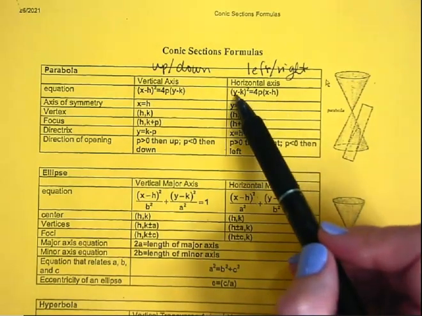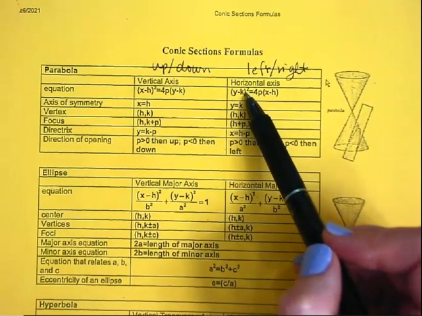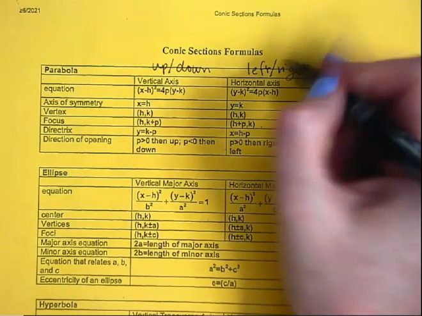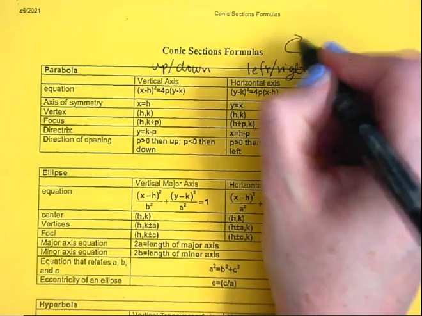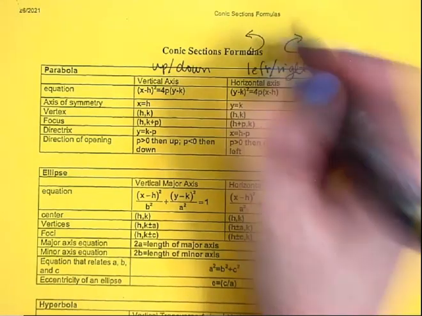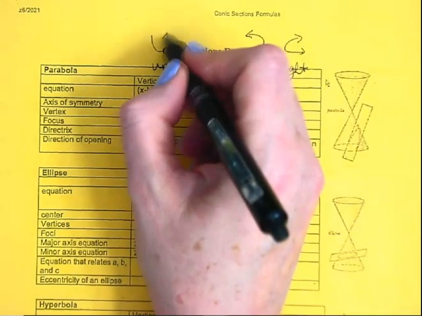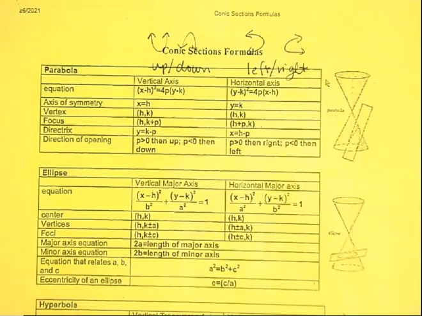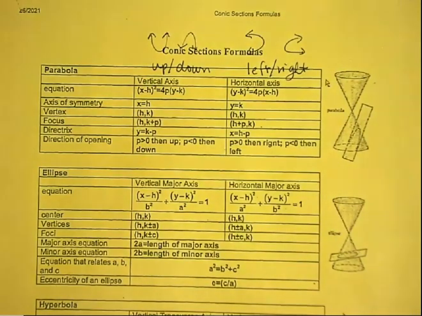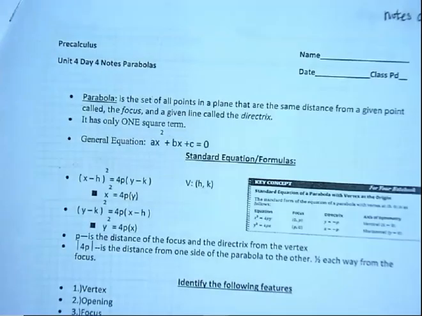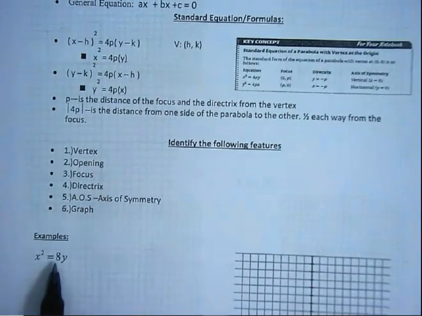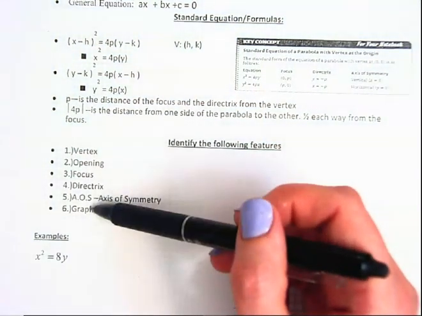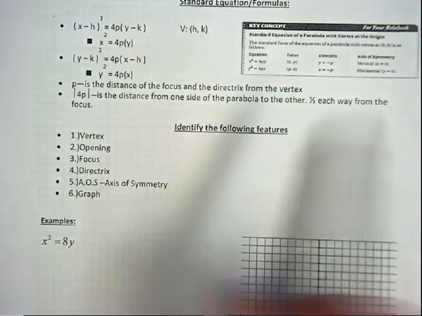If your equation has the y value squared, that is going to be oriented on the horizontal axis and it's going to be opening left or right. So it'll look like this or like this, and opening up looks like that, and opening down looks like that. So over here, we are going to be given an equation and we're going to be following these steps, identifying this information in order to graph it over here.